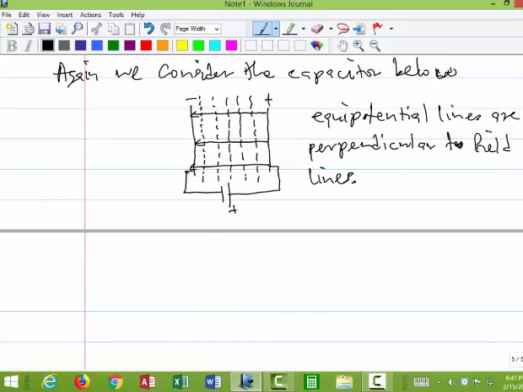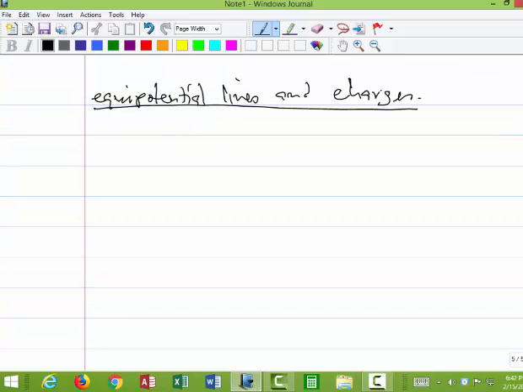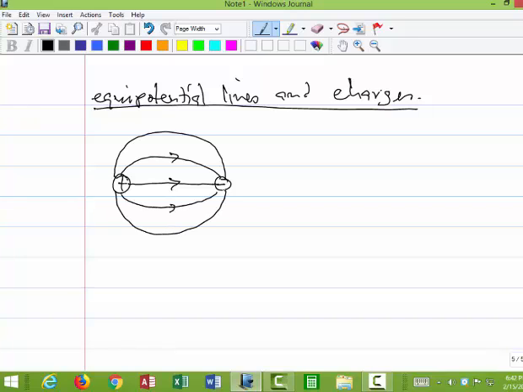Let's look at the equipotential lines of some charge distributions. So we have a positive charge like that and a negative charge. We know that the electric field goes this way between the charges. Note that the electric field lines should not cross. Then we will see that the equipotential line at the center should be pretty straight like that.